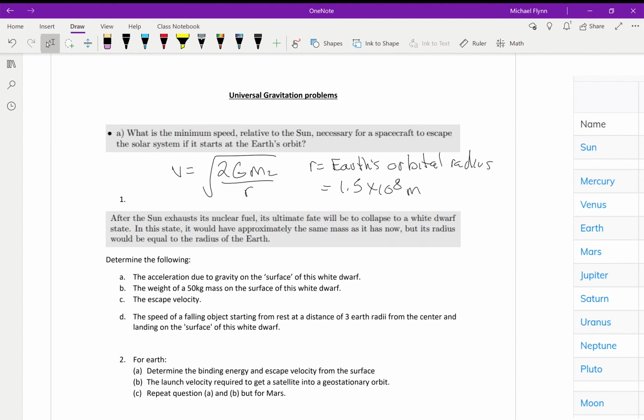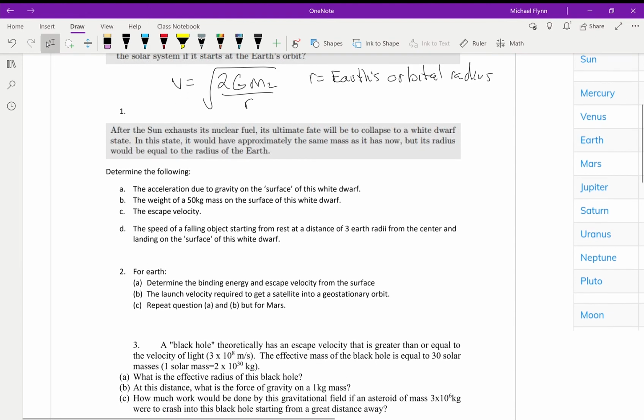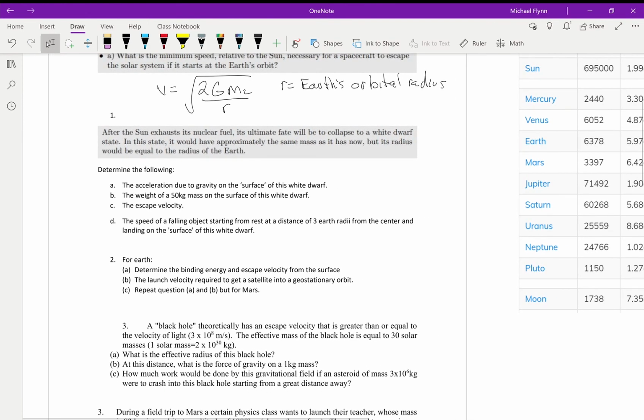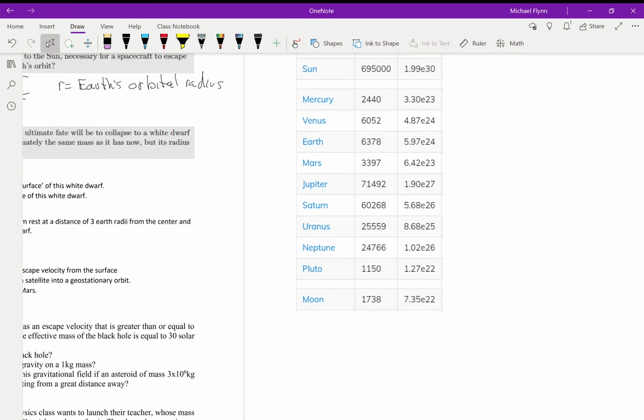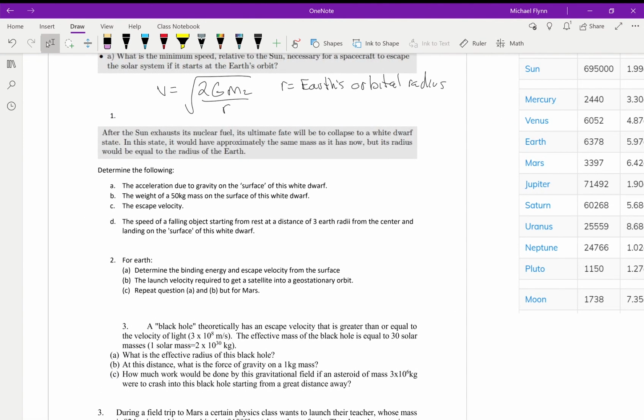Let me verify that number. You know what, I'm going to erase it for now, not to confuse you. It's either 1.5 times 10 to the 11 or 1.5 times 10 to the 8, I forget the number. So I'll just look it up and put it in there for you. And I'll update this worksheet with the orbital radius numbers that you need, okay? But anyway, that's how you do it.